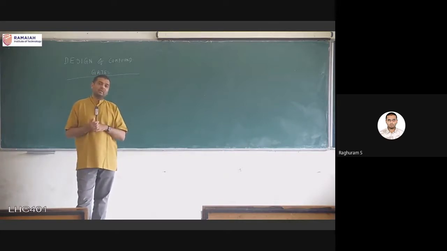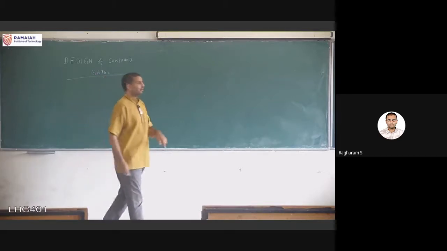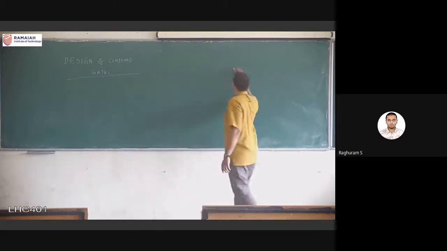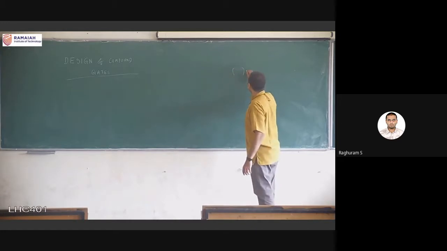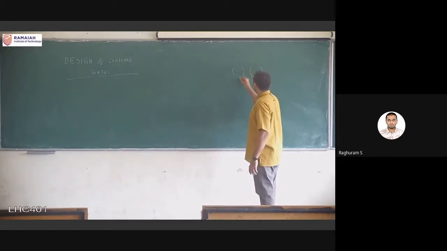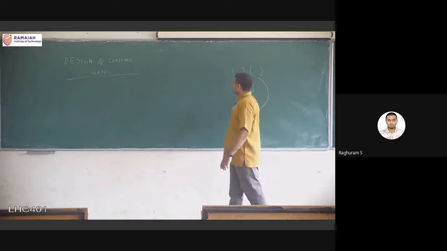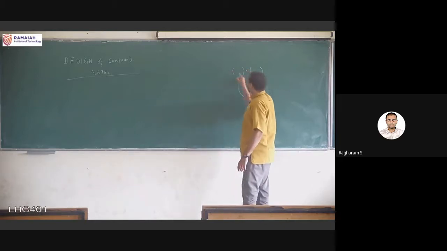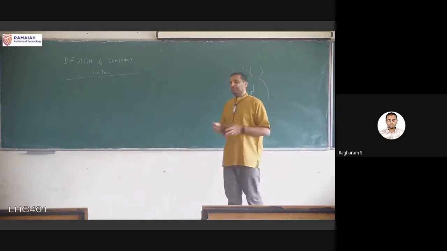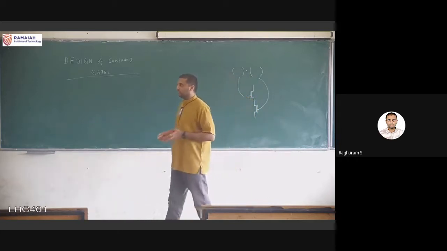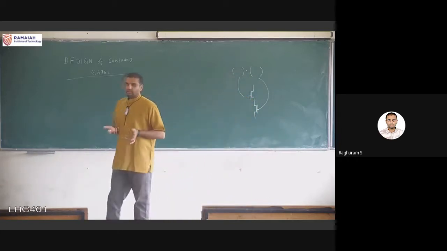So series parallel connections, we know that if the terms are in series in the function, okay, that is, I have two terms and they are being ANDed, and these two terms are not necessarily single terms, as you know by now.